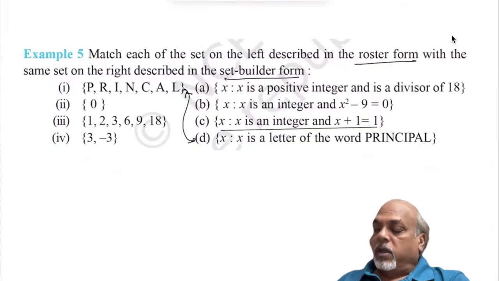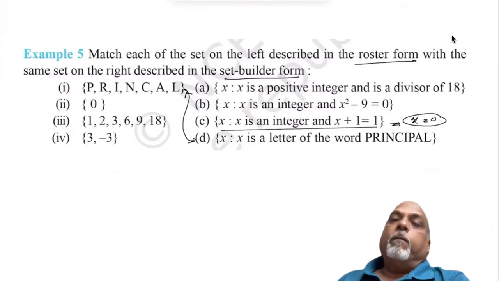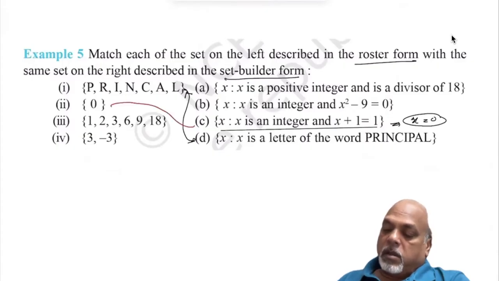If you put integer, basically x has to be 0 because 0 plus 1 is 1. So this is your second one.